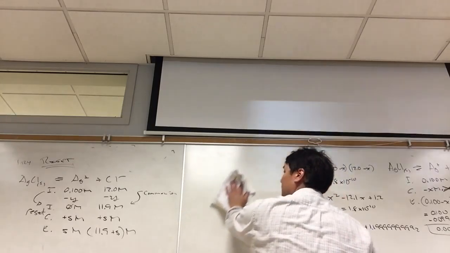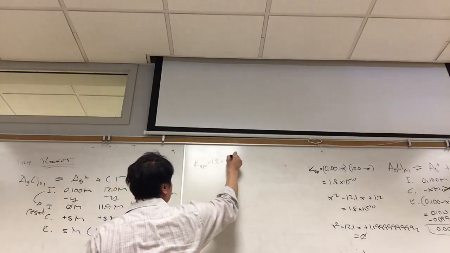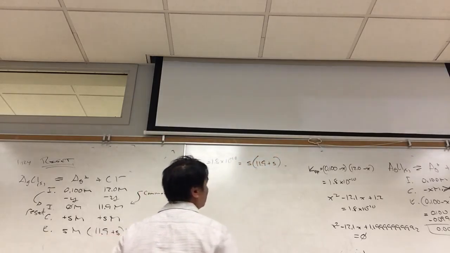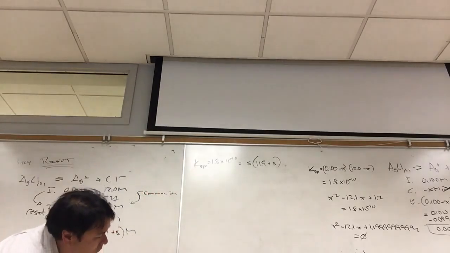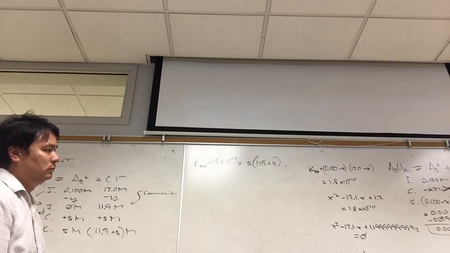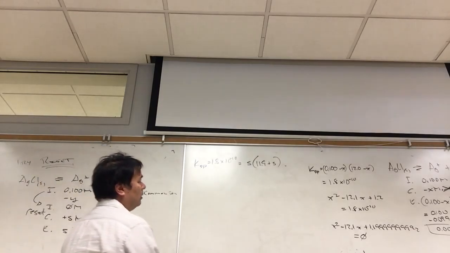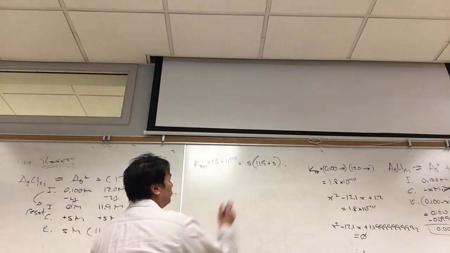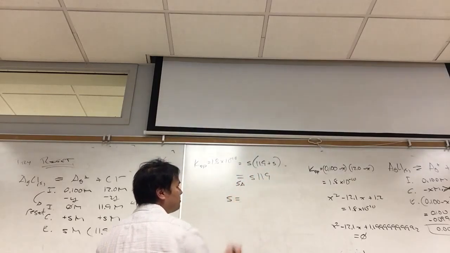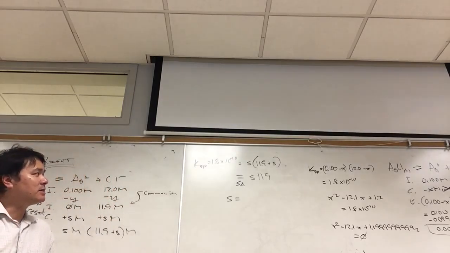And so we can reset, and then we end up with KSP equal to 1.8 times 10 to the minus 10, which is going to equal S times 11.9 plus S. We make the simplifying assumption, and so this is S times 11.9, which gives us an S value of 1.8 times 10 to the minus 10 divided by 11.9.